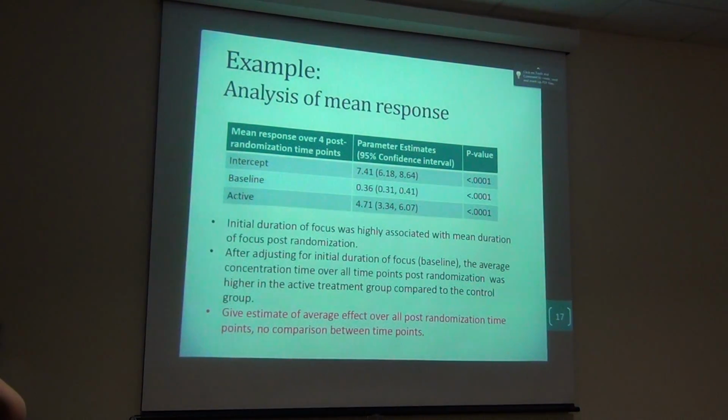This is averaged over the 4 post-randomization time points. We can see that the baseline score is also strongly associated with the mean response post-randomization. A lot of times that's expected, since baseline measurements are highly correlated with measurements post-treatment. So again, it gives an estimate of the average effect, but it doesn't give you any comparison between the time points.